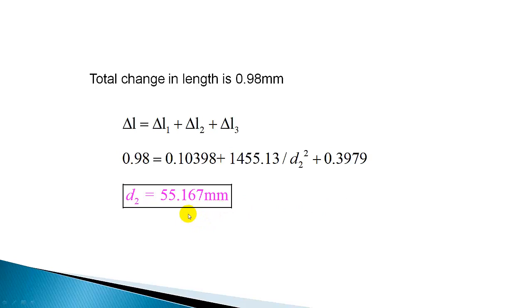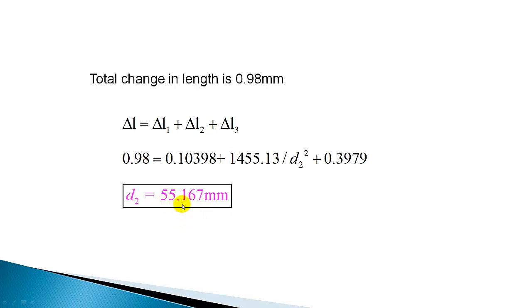In case you reduce the diameter below this, then the elongation will be more, and if you increase the diameter, then the elongation will be less. So you want to limit the elongation to 0.98 mm, so you should have a minimum diameter of 55.167. It should not go below this.